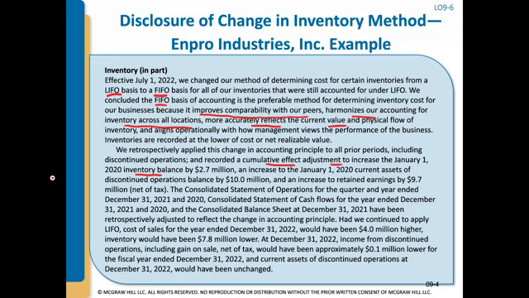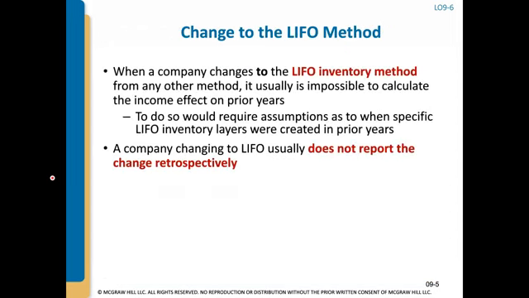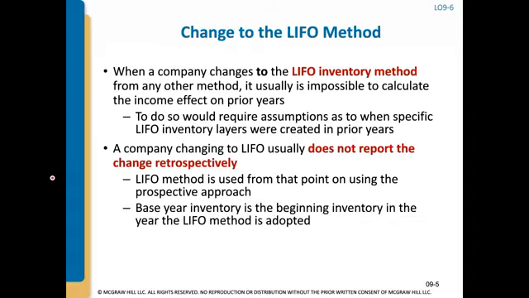And so you can read through this, but it just gives you a lot of information that is required when you change methods. Now, we use the retrospective treatment when changing inventory methods from one to another, except when we change to the LIFO method. The reason for that is because when changing to the LIFO method, it's usually impossible to calculate the income effects on the prior years, because there are certain assumptions that would be required as to the inventory layers that were created in prior years.